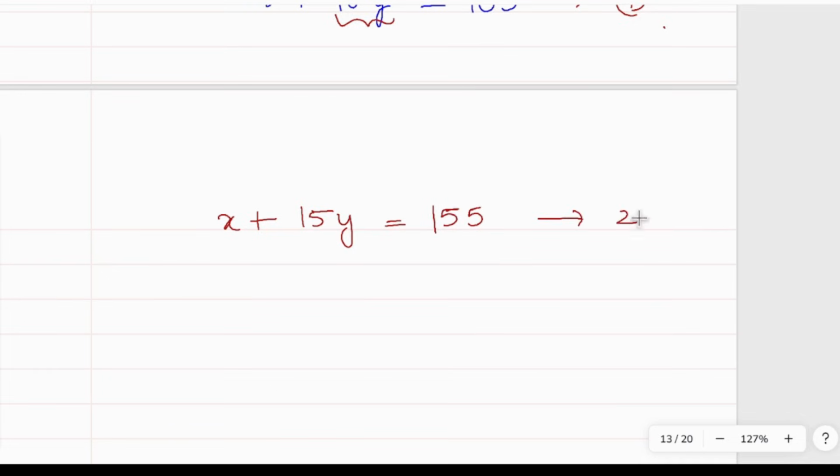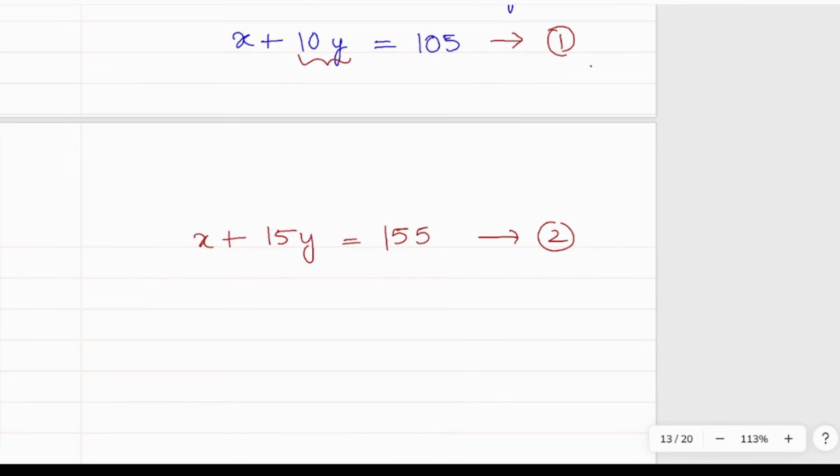This one I'm giving as equation 2. So we got two equations here: x plus 10y equal to 105 and x plus 15y equal to 155.